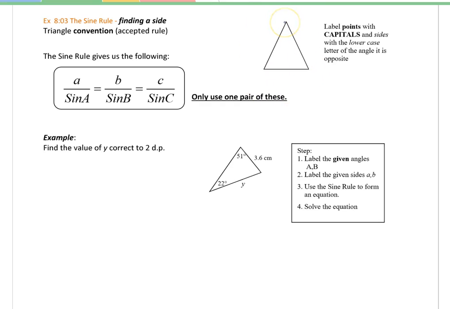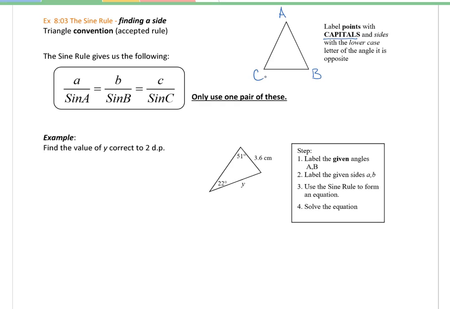And just before we move to looking at the actual sine rule, you have to understand the lettering in the rule. When we've got a triangle, all angles are labelled with capital letters. So let's just go A, B, C, using a capital letter.